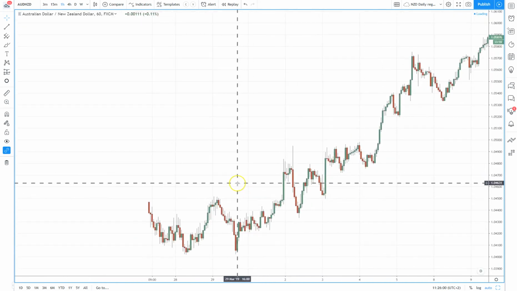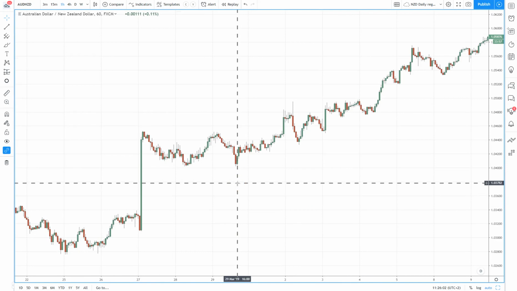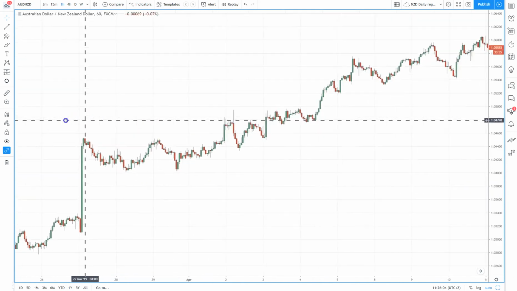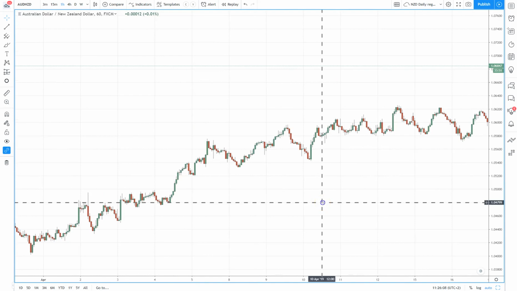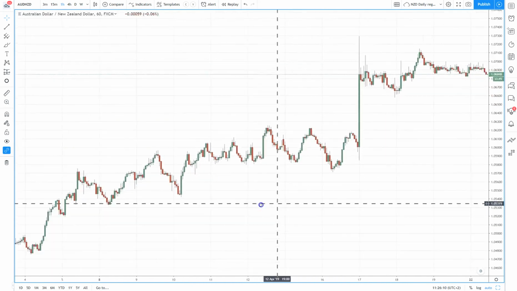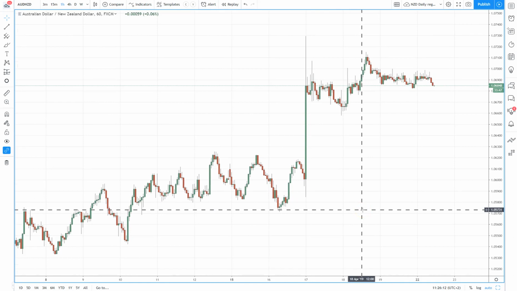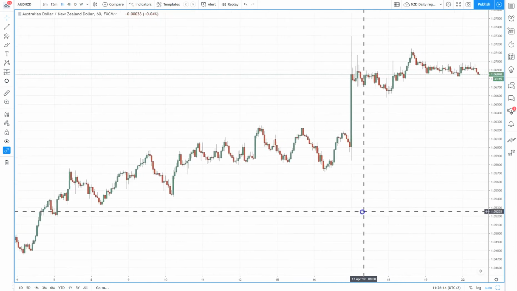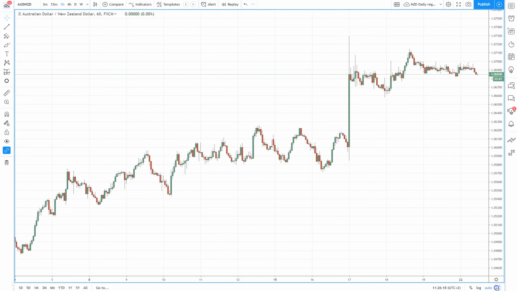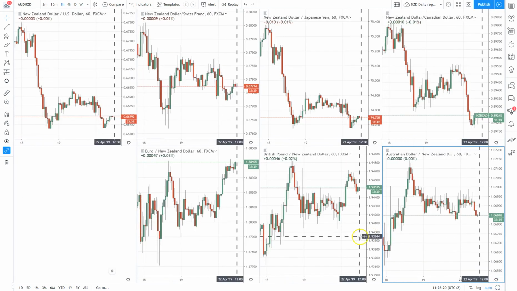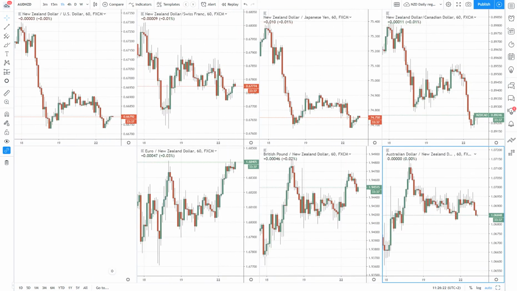It just keeps on steaming up and up and up. So that is the risk if you want to trade strong versus weak. And obviously the same goes for trading weak versus strong, but this is an excellent example of trying to trade strong versus weak.